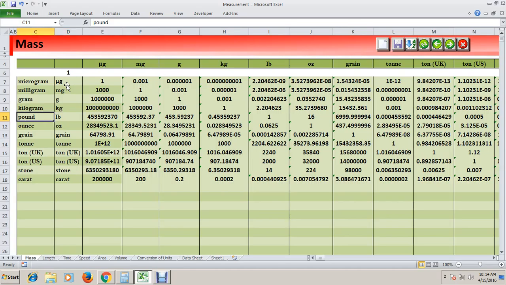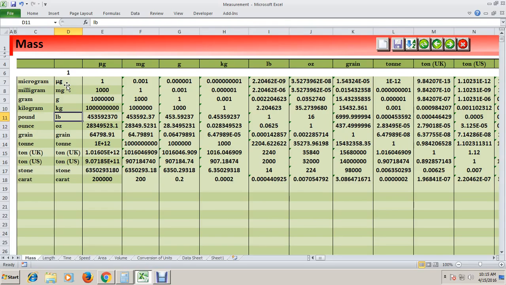The symbol for the pound is the lb or the lbs. lb stands for libras. If you're familiar with the zodiac sign of Libra, the zodiac sign of Libra has this symbol for the scale. The scale represents, of course, the weighing of masses.